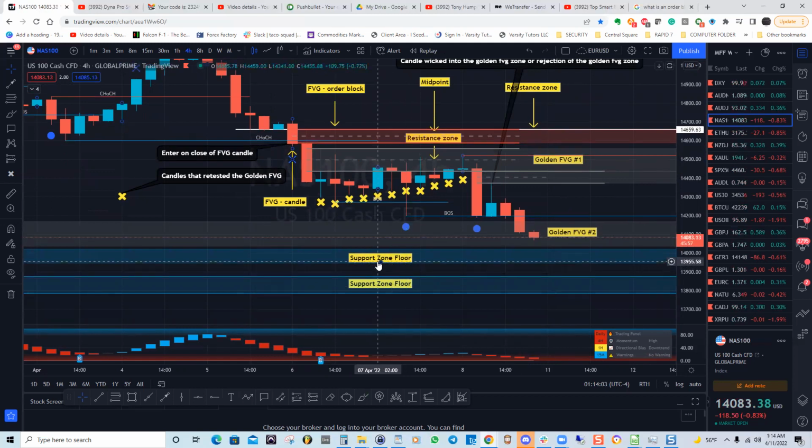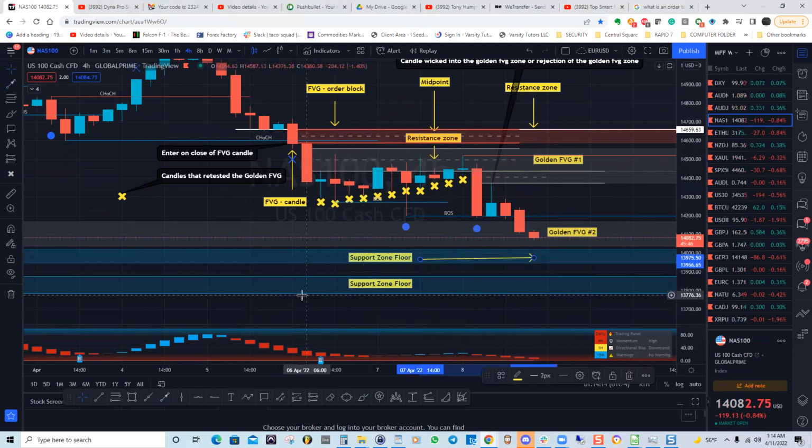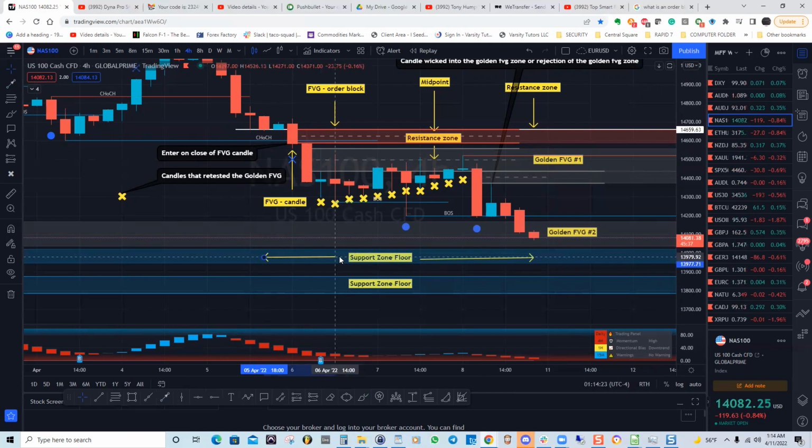So you would think that when you get support, this is where prices tend to reverse right in here. This is support right in here. This is a support zone or a support FVG gap, right? You probably put it in there too, right? Put it in there.